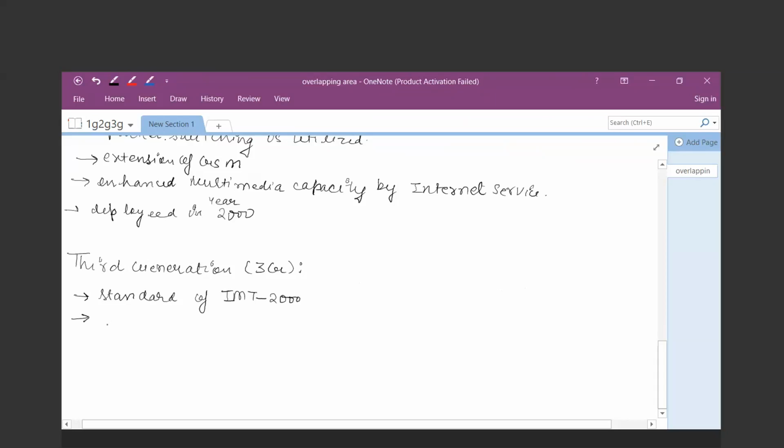Why does it support a high transmission rate? Because it utilizes packet switching technology, and everything has to be converted into digital transmission, meaning whatever the SMS data, fax data, voice data, first we have to convert it into digital form, then the data transmission will take place.